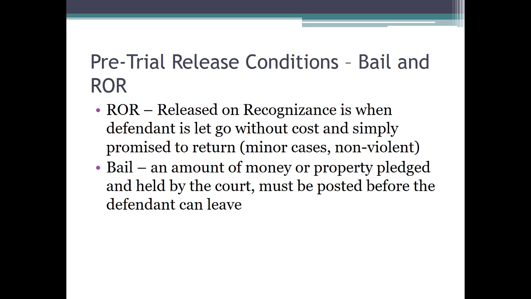And there's really two ways that you can be released. First, you can get what's called an ROR. This is very common, particularly for minor crimes and certainly nonviolent crimes. An ROR says you are going to be released on your own recognizance. ROR, released on recognizance.